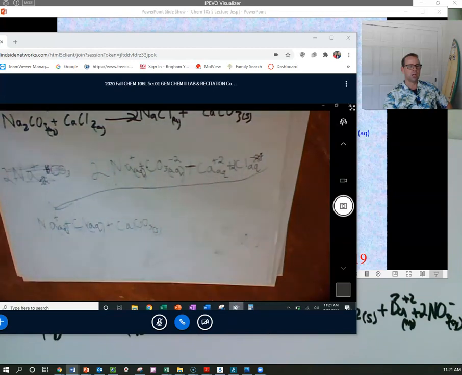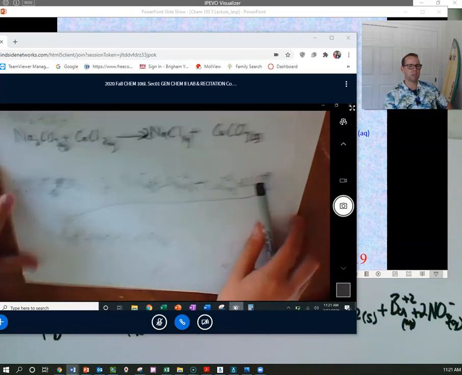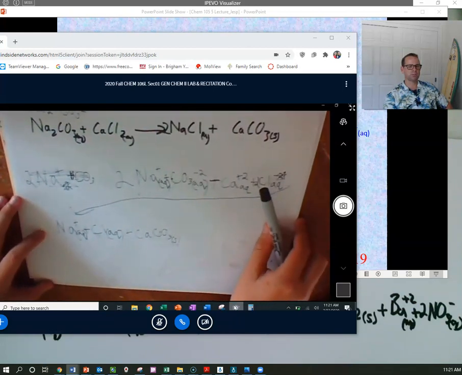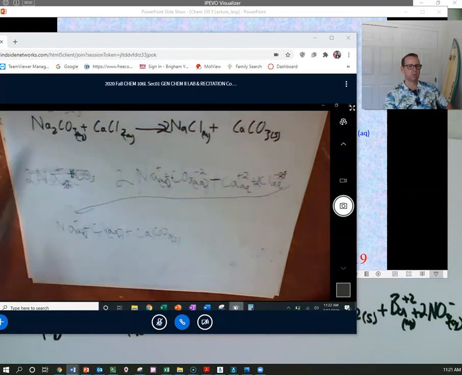Very good. Now, tell me how many sodium ions I have on the left side of the equation. How many sodium ions are there? Sodium 1. Isn't there a 2 in front there? Oh yeah, 2. How many sodiums do you have on the right? 2.